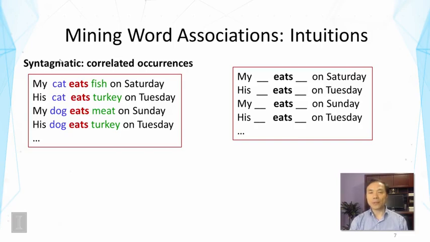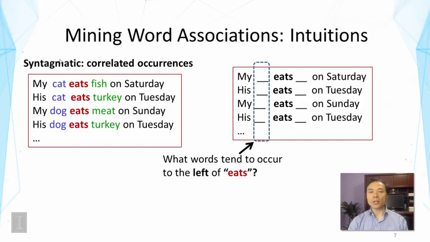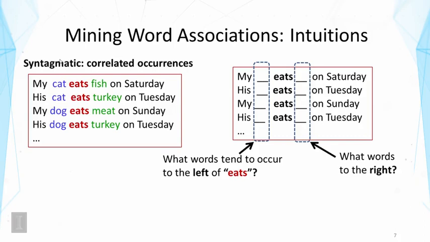I've taken away the word to its left and also the word to its right in each sentence. And then we can ask the question, what words tend to occur to the left of eats? And what words tend to occur to the right of eats? Now, thinking about this question would help us discover syntagmatic relations, because syntagmatic relation essentially captures such correlations.